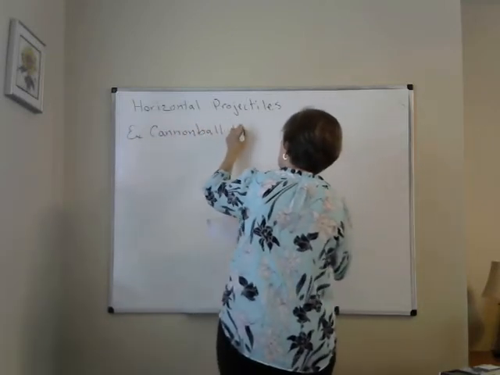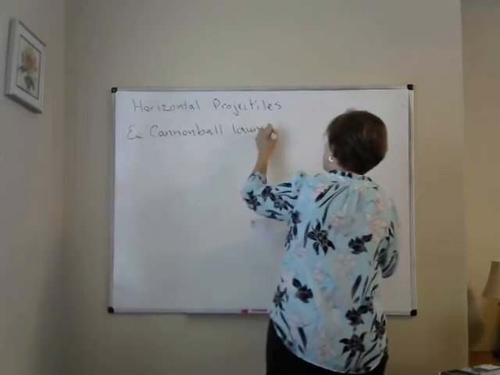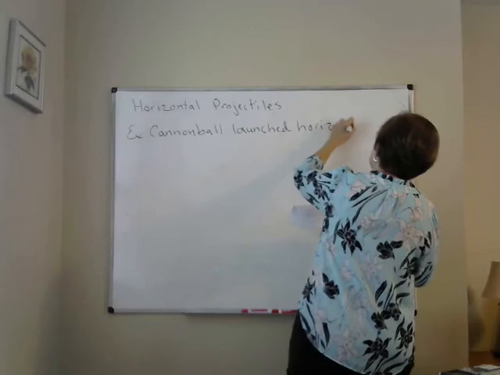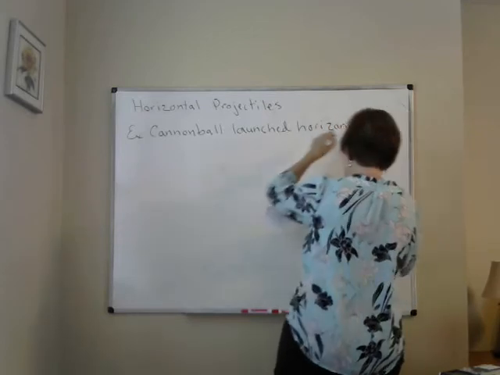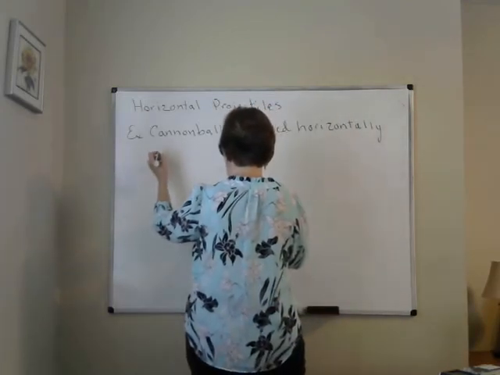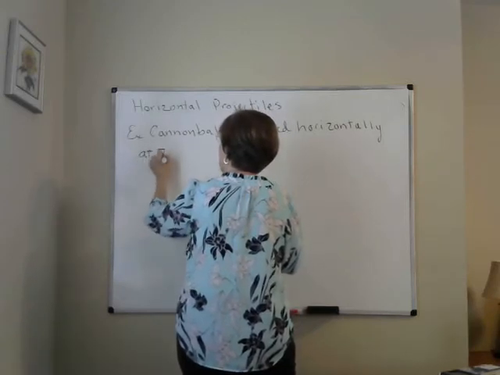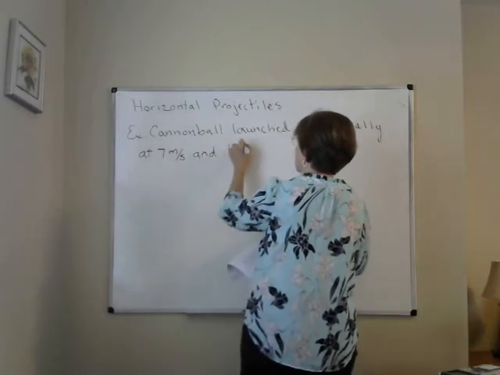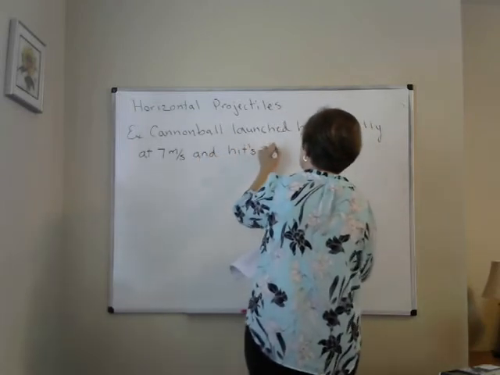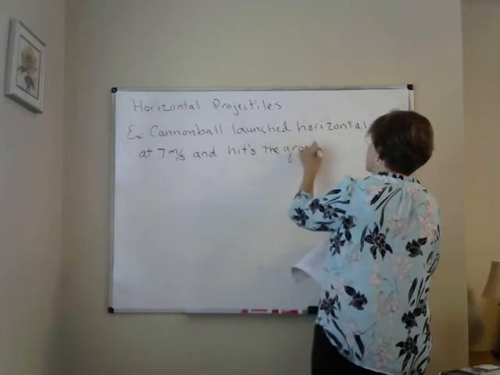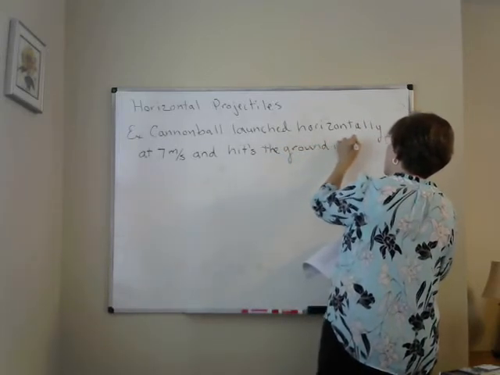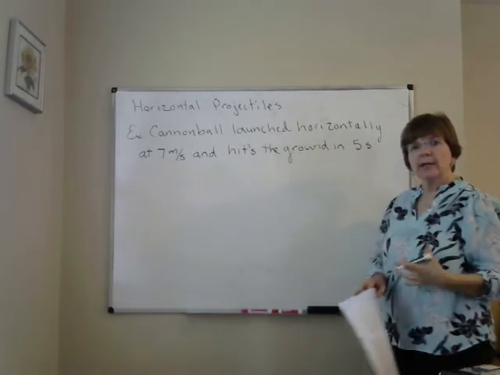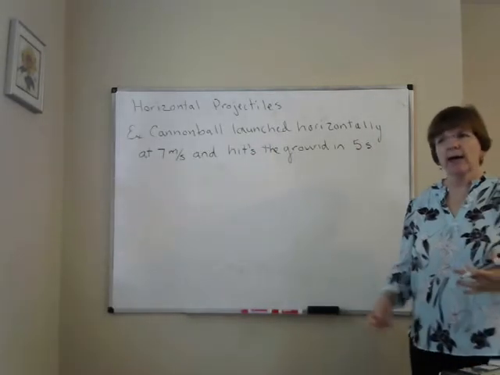It's launched horizontally at 7 meters per second and hits the ground in 5 seconds. We can pretty much know enough to figure out everything we want about this problem.